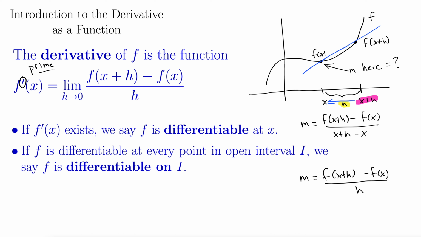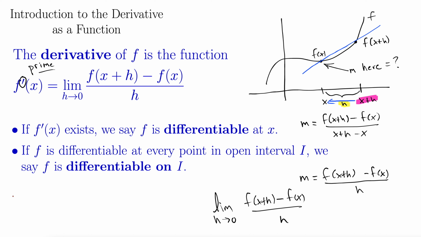That gives us the slope at the point x, which is what we want to know. How do we represent that mathematically? Well, we have a tool for that: the limit as h goes to 0 of f of x plus h minus f of x all over h, and voila, we have the definition of a derivative.